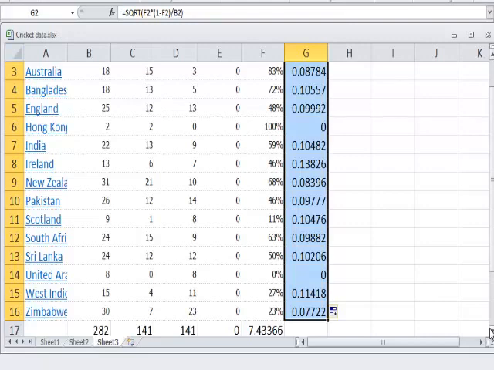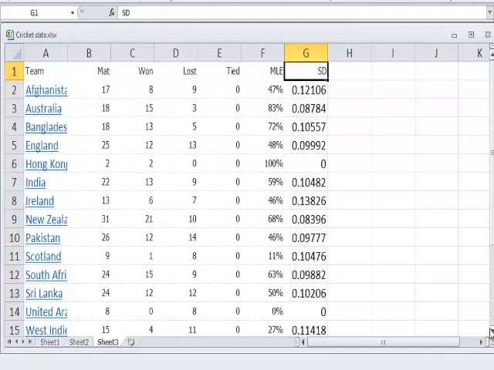I mean, you're seeing 7% up to 14%. For Ireland, you have 14%, and for Zimbabwe, you have 7%, and things are varying in that range.